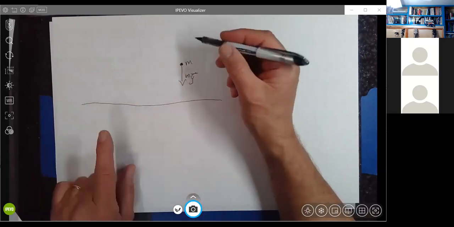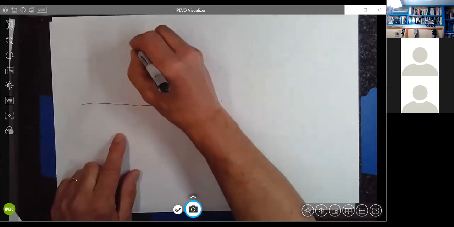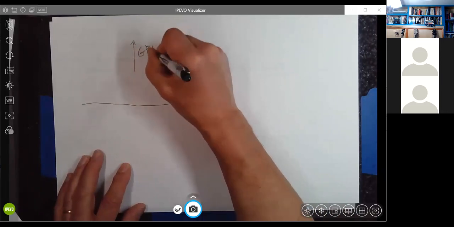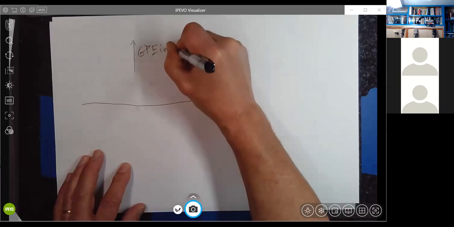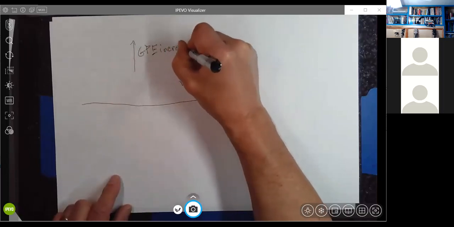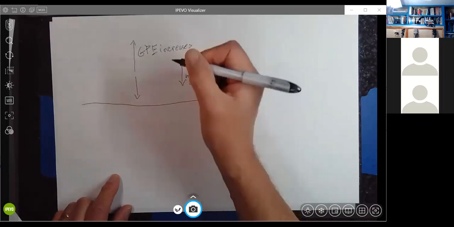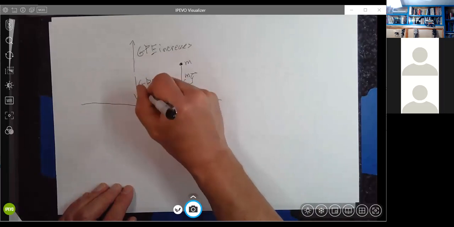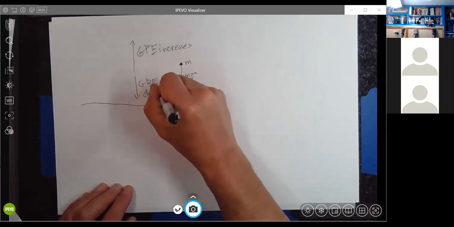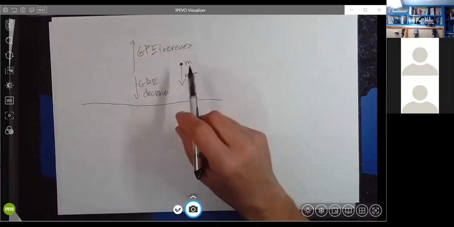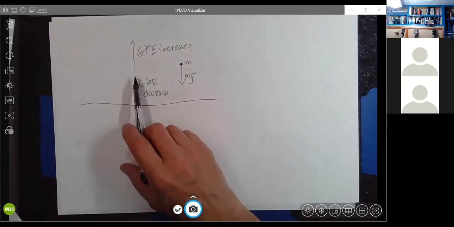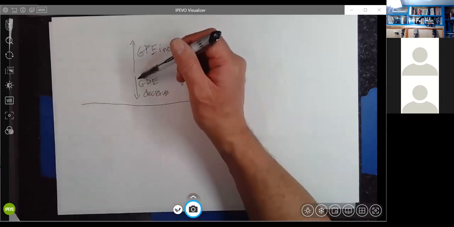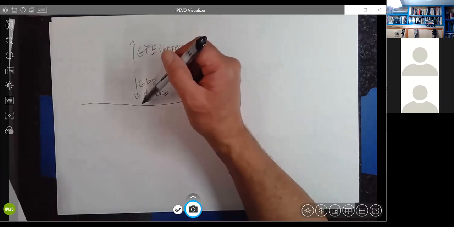And when that was the case, gravitational potential energy, GPE, increases as you go up, and it decreases when you go down. So it actually increases if you move an object in the direction opposite the force, and decreases if you move an object in the direction of the force.